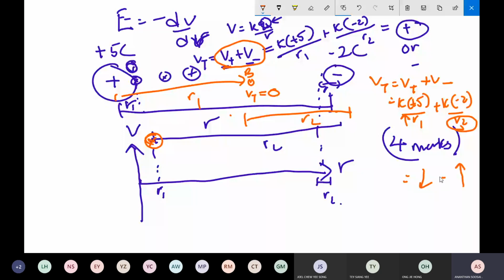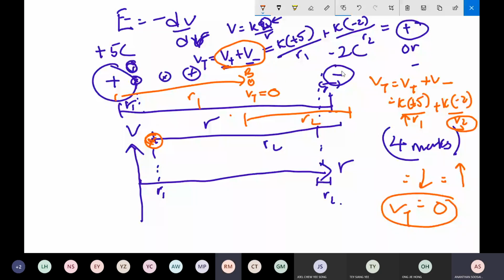So there will be a point where both are equal and V total becomes 0, right? You must realize there will be a 0 somewhere in between them, not at the center. At that point, is it close to the negative or close to the positive?